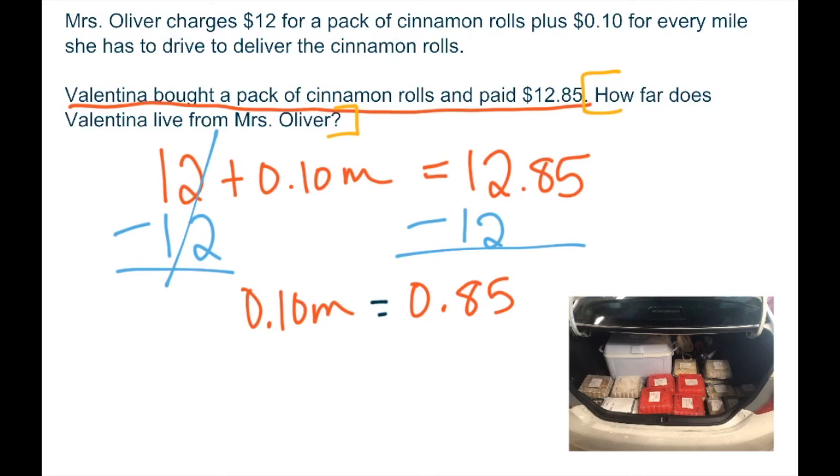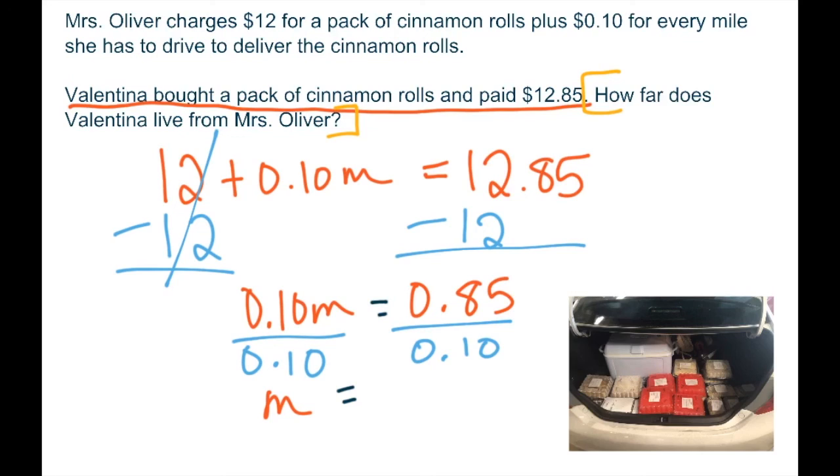Well, I want to do the opposite of multiplying on this left side of the equation to move the 10 cents over. So I'm going to go ahead and divide both sides by 10 cents. When I do that, 10 cents divided by 10 cents on this side leaves me with just m.